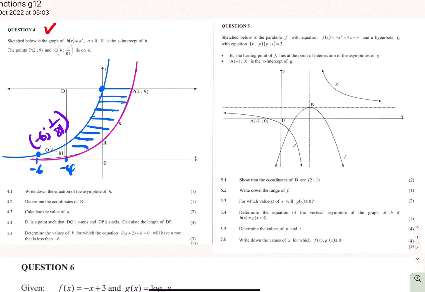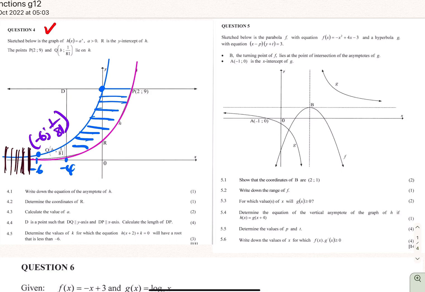Read the question. For which values of k will this equation, which you managed to play with, have a root that is less than -6? Less than -6, we're talking about this region. This region is the one that is less than -6. In this region, you will see that the value of y, remember that -k is primarily your y now.